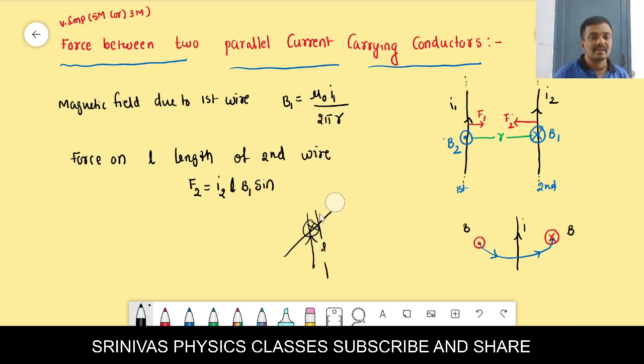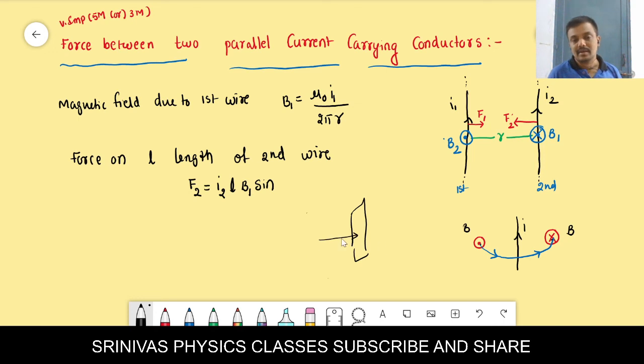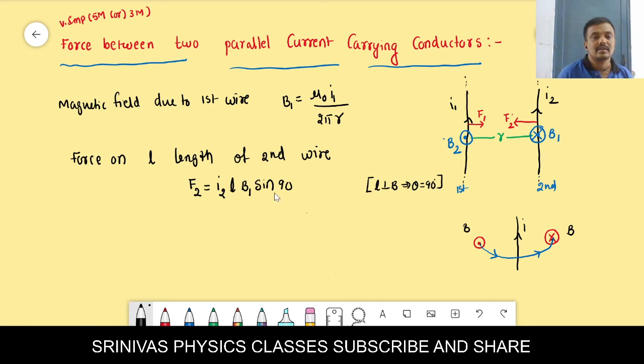Perpendicular it will be. If this is the paper, then the field will be into the paper; the cross indicates into the plane of the paper, perpendicular to the plane. Field B1 and length L are perpendicular, that's why theta is 90 degrees. Got it? We can consider this as equation 1.